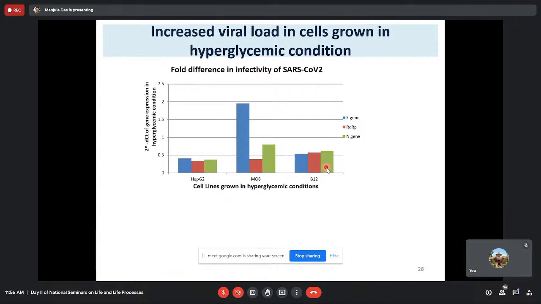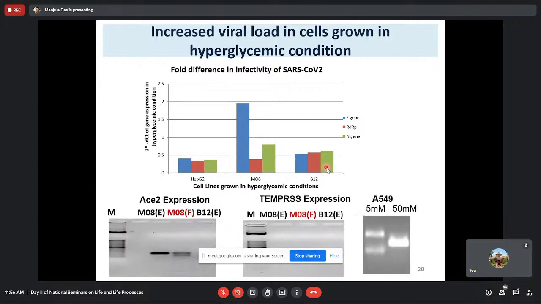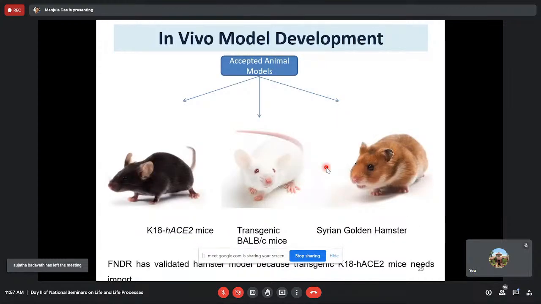Whereas in A549, we didn't see that, because in A549, as I have mentioned, though we see overexpression of ACE2, TMPRSS was not expressed. That's why hyperglycemia did not have much effect on the lung condition. With that, we went to the in vivo models.